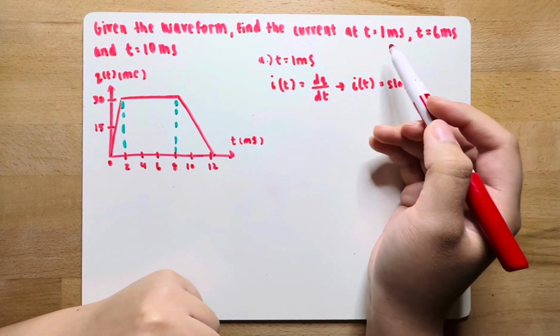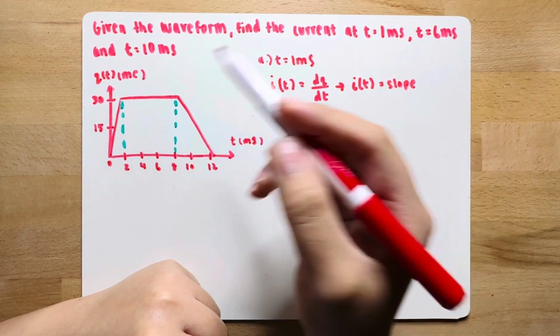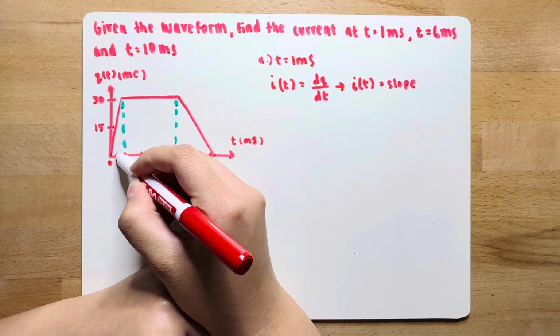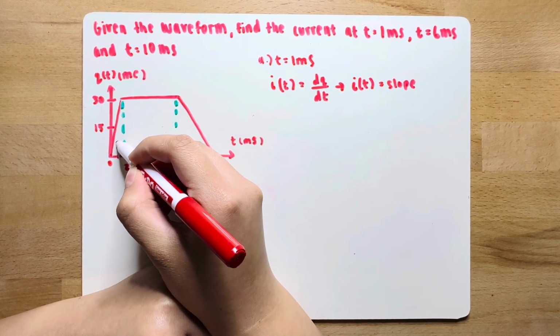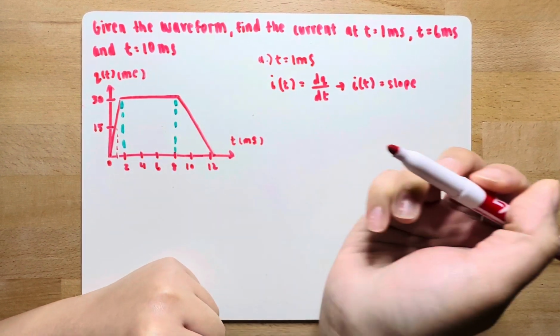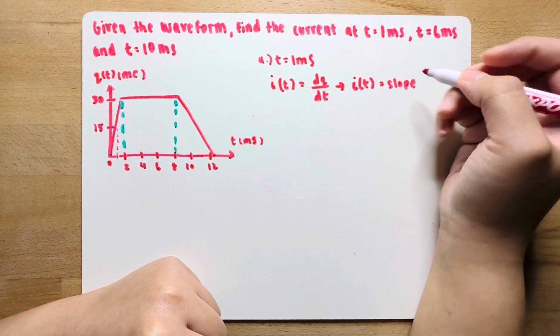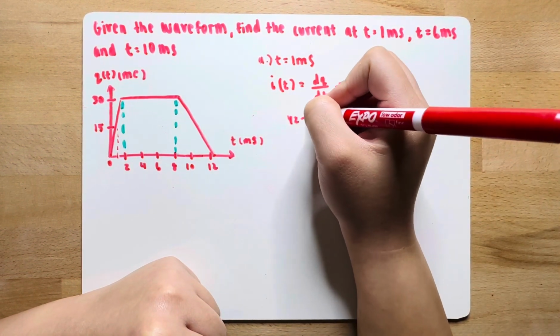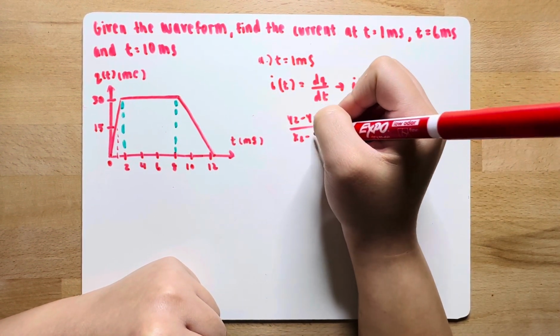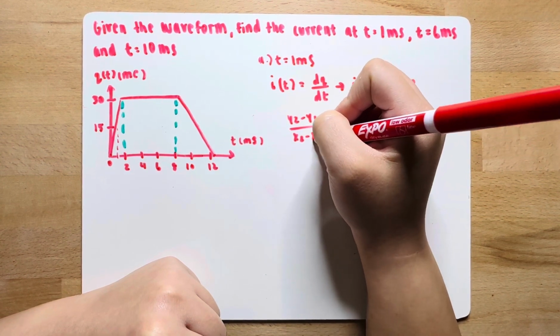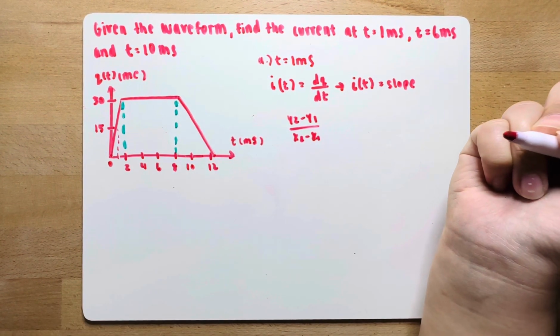And because we want to find t equals 1 milliseconds, 1 is in between 0 and 2, which is around here. So it'll be here. Therefore, we need 2 points to find slope, because slope is equal to y2 minus y1 over x2 minus x1.